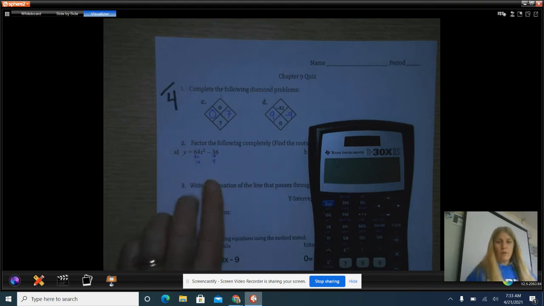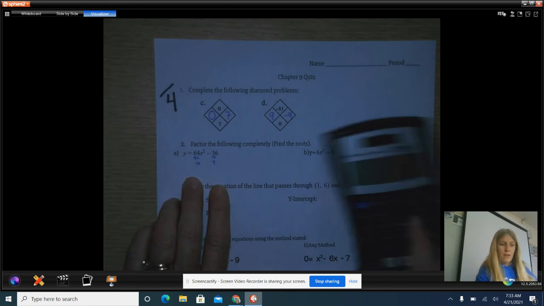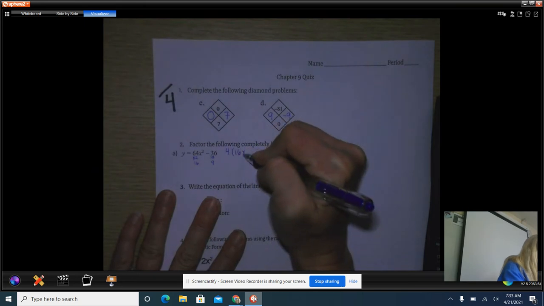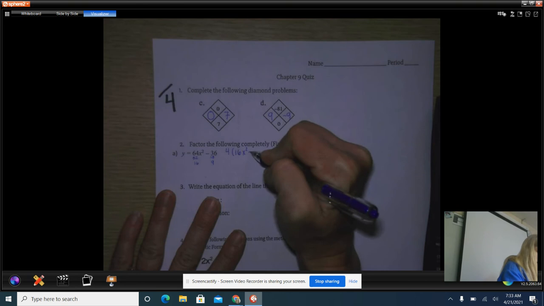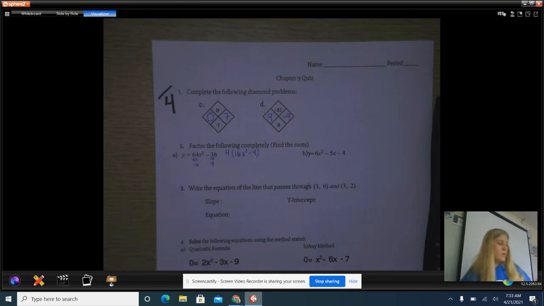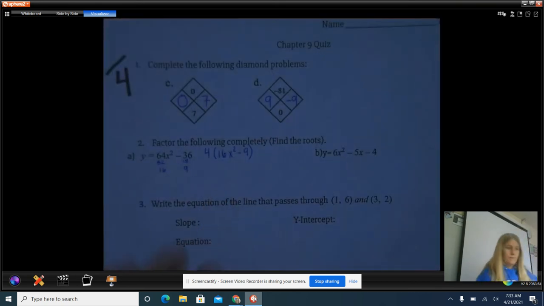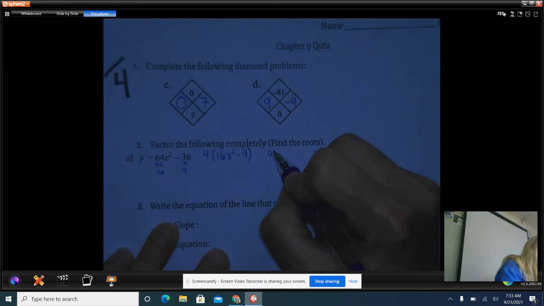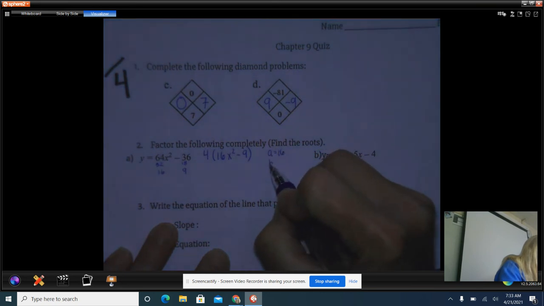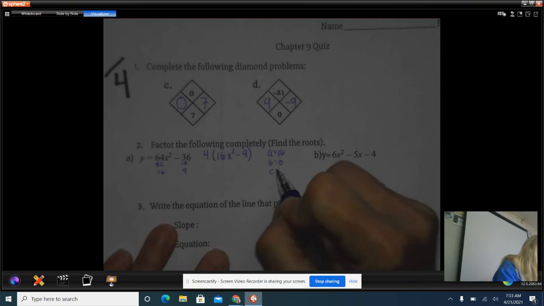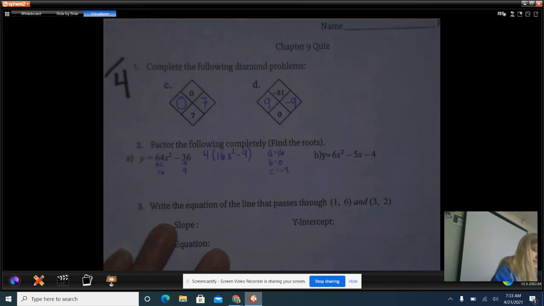Okay. As I'm looking, there are no other numbers. I've taken 2 and another 2 out, so it's 4. So this is going to change into 4 times the quantity 16x squared minus 9. At this point, we're going to pull out our A, our B, and our C. Our A is 16, our B is 0 because there's no x, and our C is negative 9.